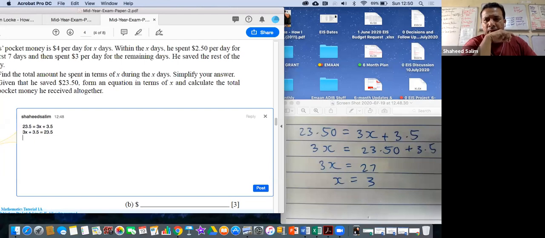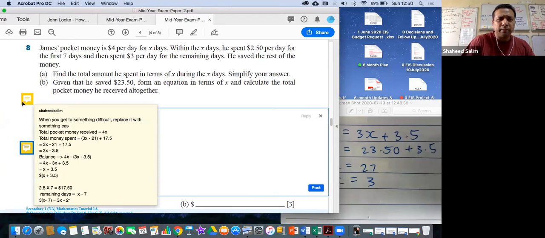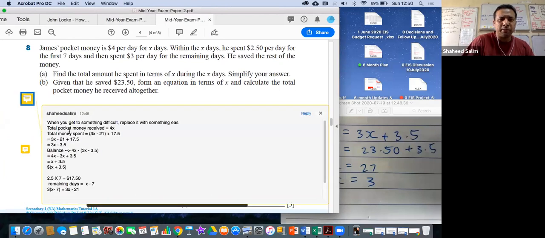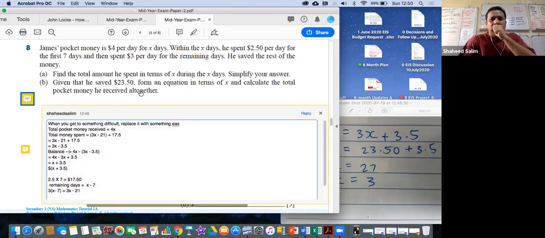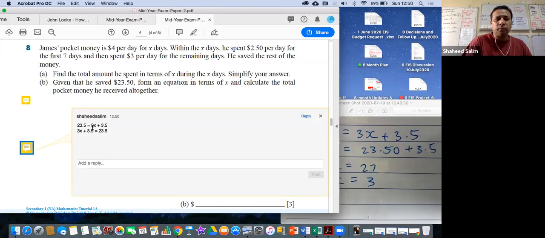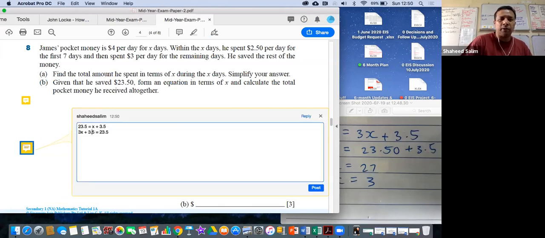Hold on. Is it 3x or x? Are you sure it's 3? Let's see. Yes, this is x, look, x plus 3.5. There's no 3 there. So we remove the 3. So now what's your answer?